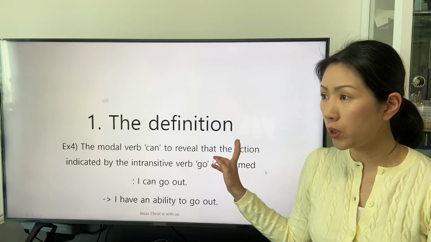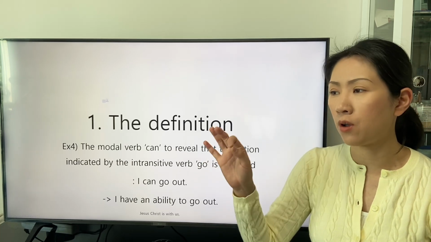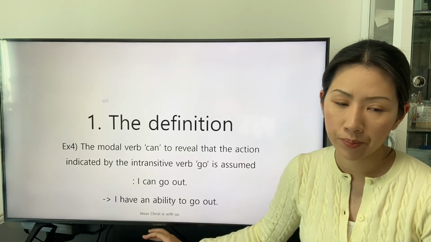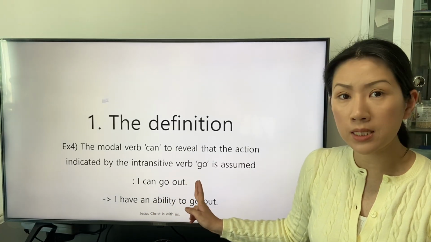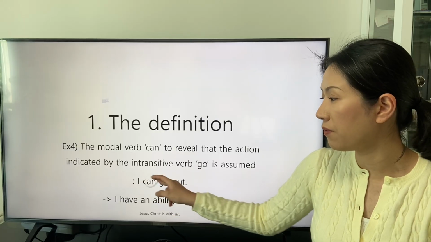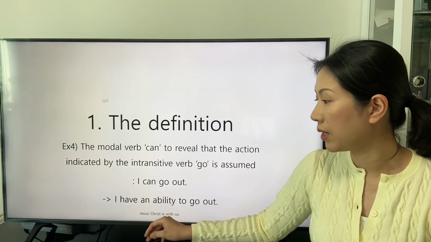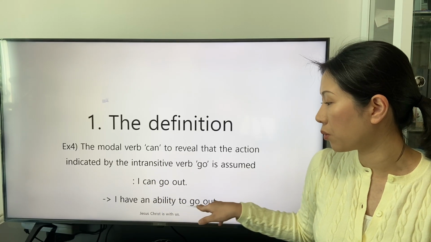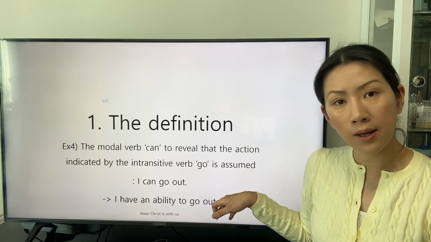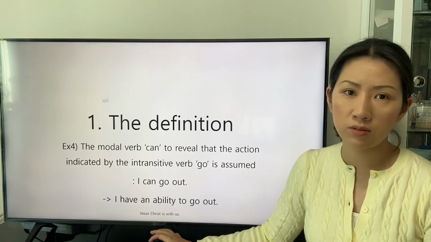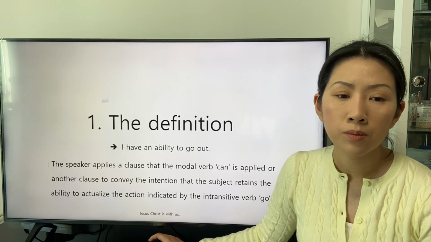This occurs with the definition of the modal verb can. There is a clause, I can go out. This can be stated without the modal verb classified as an adverb. I have an ability to go out. This clause is stated with only a clause.